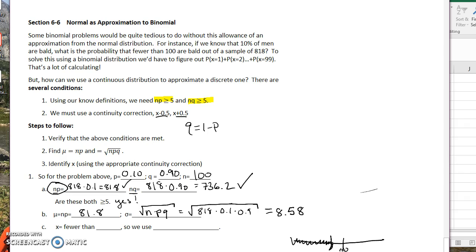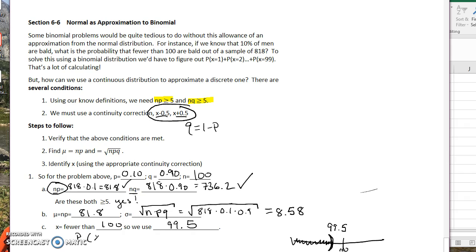I do not want to include 100, so we're going to stay just below it. The number we're going to put into the Excel spreadsheet is actually 99.5. That's what I was talking about earlier with the continuity correction, so we're going to use 99.5.